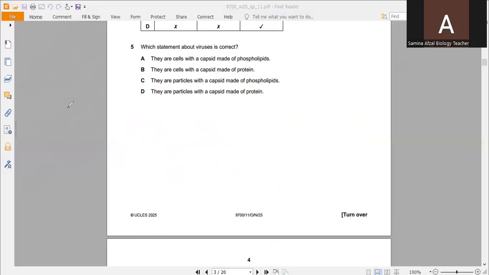Some viruses have a lipid envelope stolen from a host cell, but the capsid itself is not phospholipid, it is protein based. So this is not the correct option. They are cells with capsid made of protein.